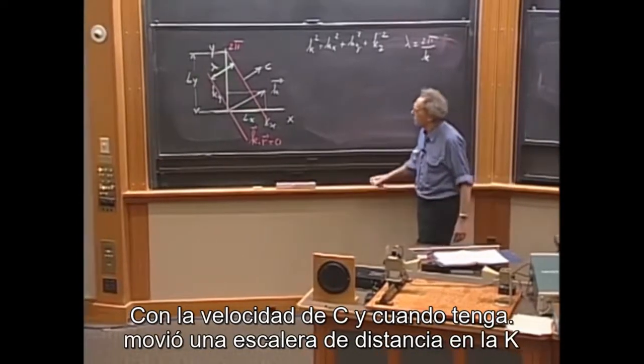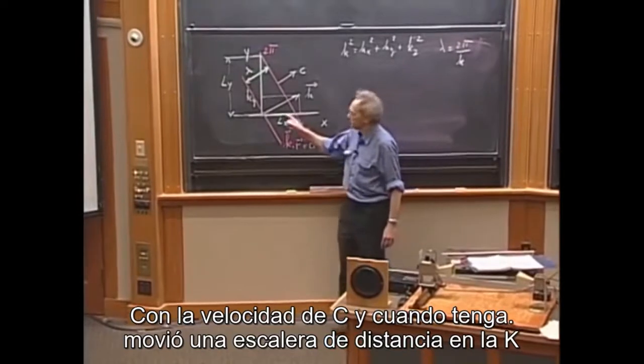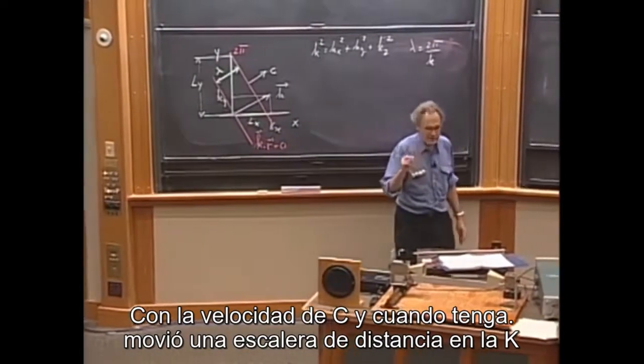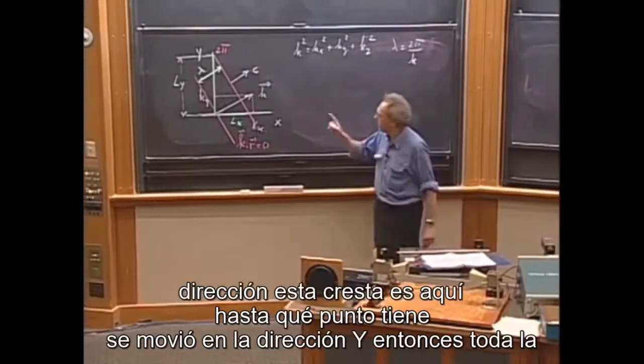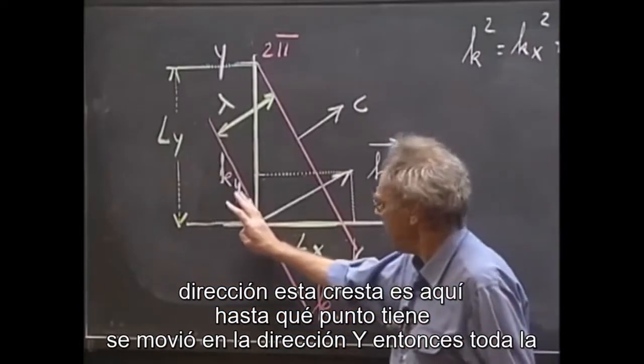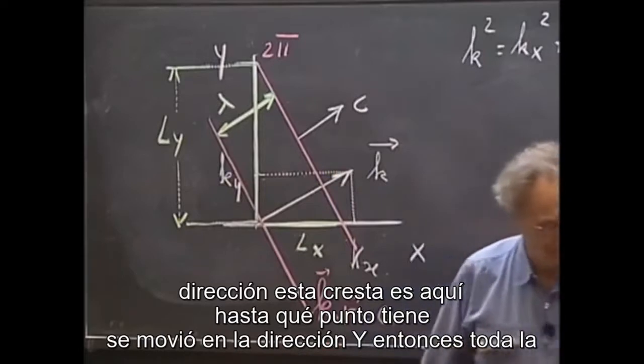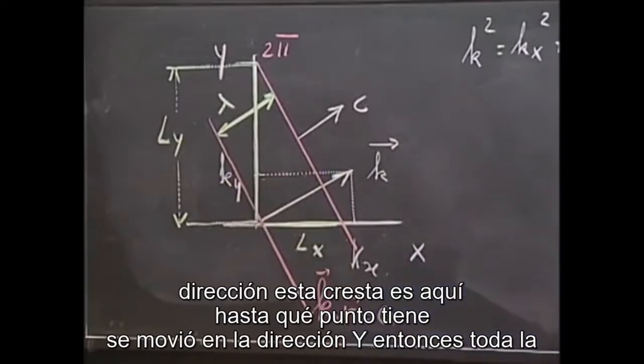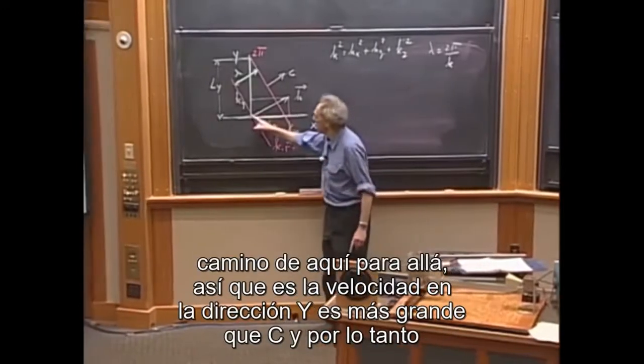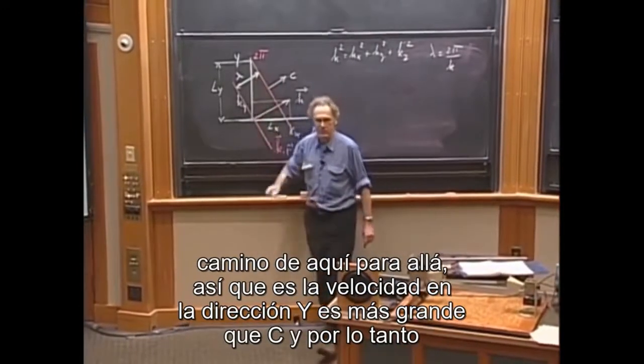Now this wave moves with the speed of c, and when it has moved a distance lambda in the k direction, this crest is here. How far has it moved in the y direction then?